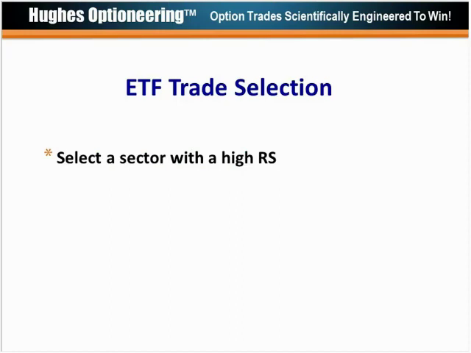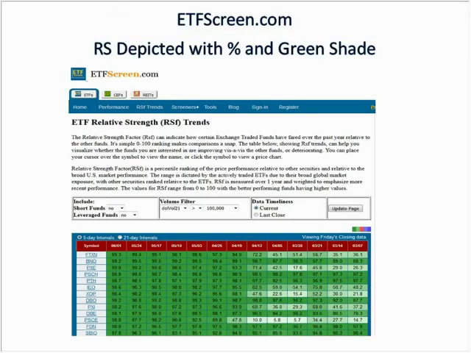So first step in the trade selection is we select a sector with a high relative strength. And what we do, this can be done very quickly if you just go to etfscreen.com. This is a great website to find the strongest ETF sectors, and you simply select ETF here and then click RSF trends.